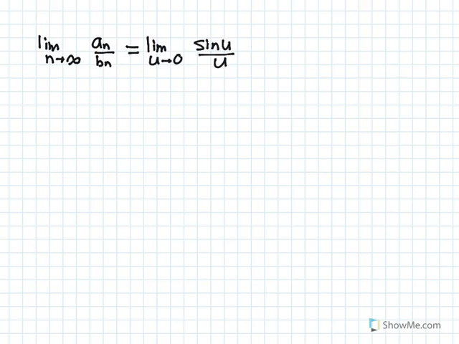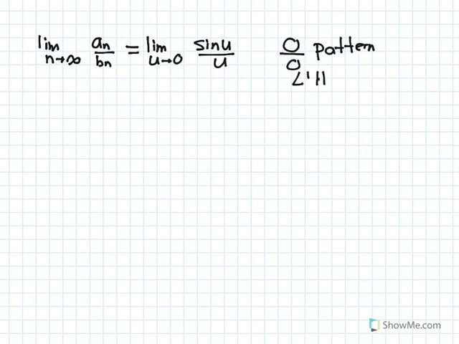So what we have is the limit as n approaches infinity of an divided by bn. We're applying the limit comparison test. This is equal to the limit as u approaches 0 of sine u divided by u. Now notice we have the 0 over 0 pattern. That means we have to apply L'Hopital's rule.